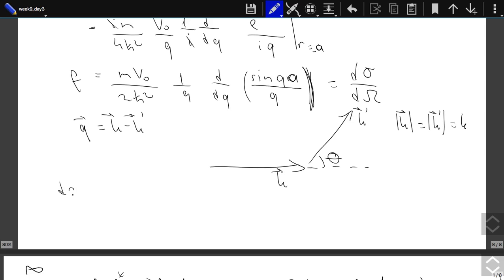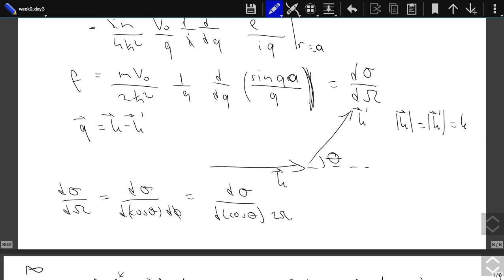So dσ/dΩ is equal to dσ/d cosine theta times dφ. The φ just gives me a 2π, in the sense that the cross-section doesn't depend on φ. Let me just keep it this way for the time being.